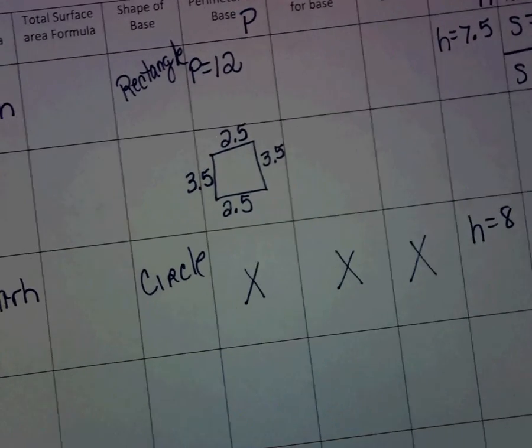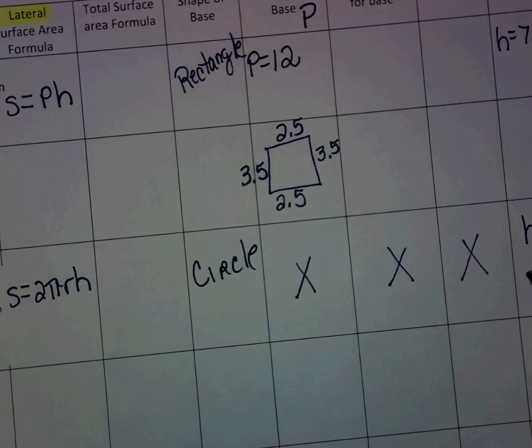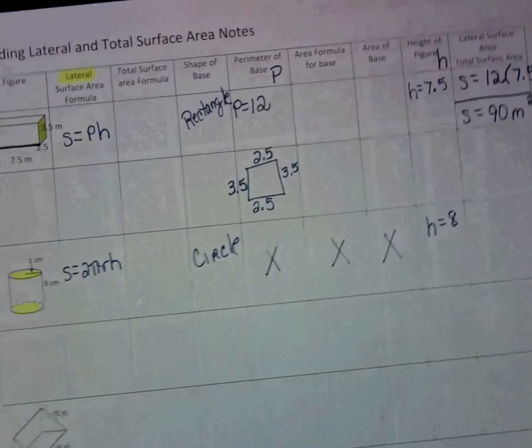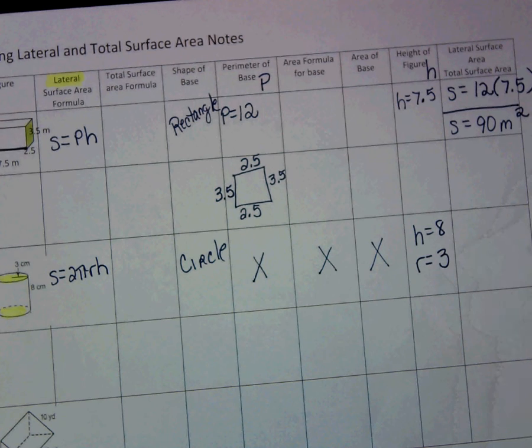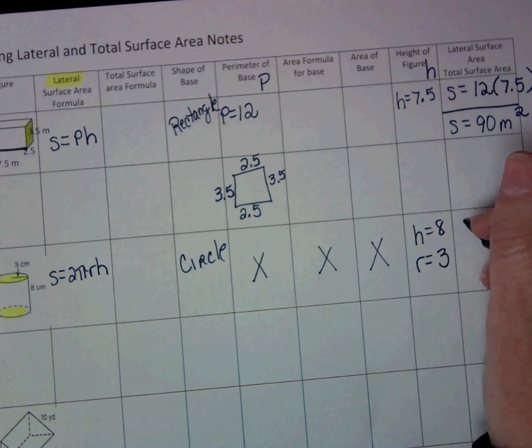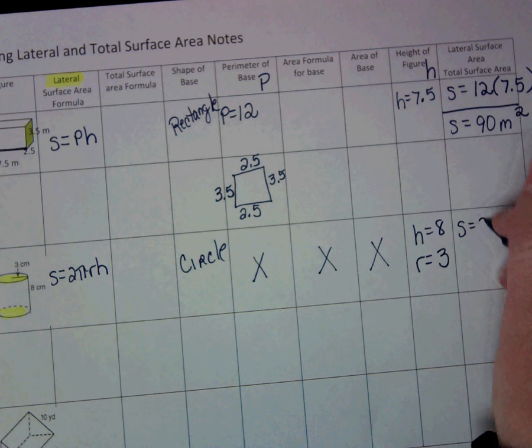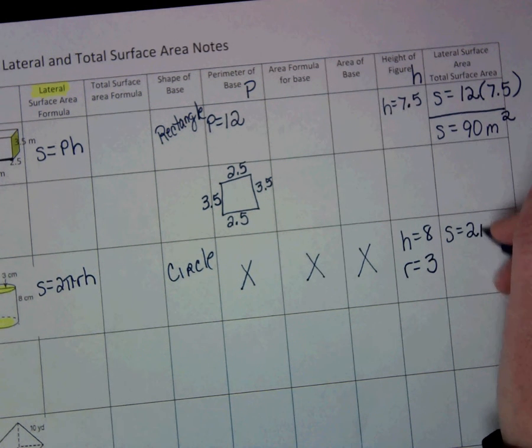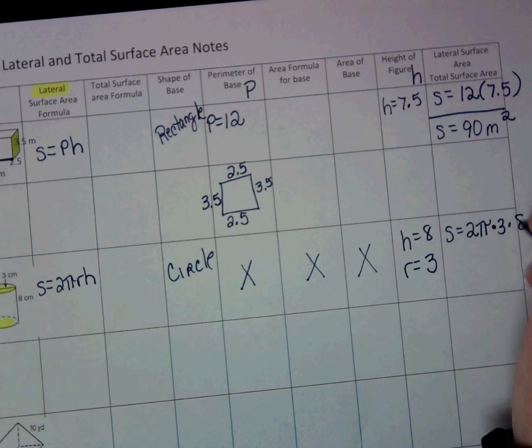Oh, and we probably should go ahead and write down our radius, because we do need to know the radius for this one. Our radius is 3 centimeters. Okay, so let's fill in our formula. We're doing lateral. We've got S equals 2 times pi times 3 times 8.